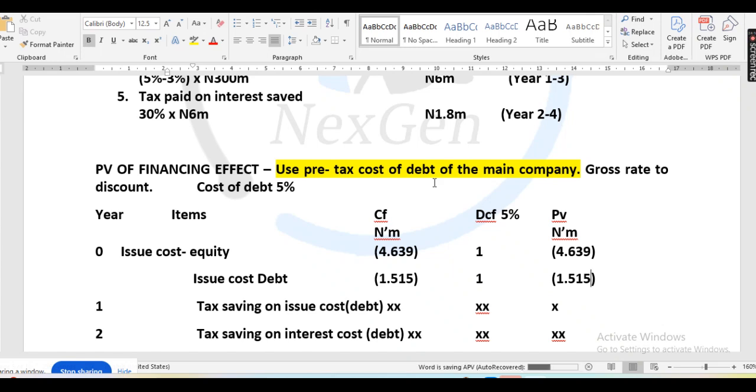Okay. So what is our tax savings? So on commercial, that is the next from year 1, right? What is the tax savings? Okay, I'll scroll up, don't worry. Tax savings on issue cost commercial. Let me scroll.